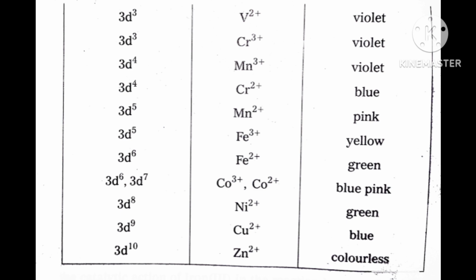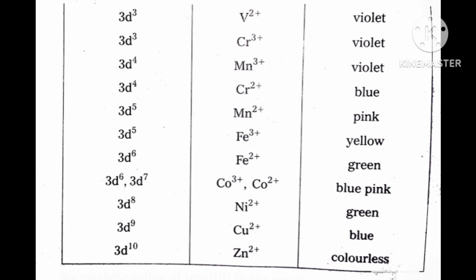The color observed corresponds to the complementary color of the light absorbed. The frequency of the light absorbed is determined by the nature of the ligands. Ligand is responsible for the frequency of the light absorbed, because different types of ligands are there.